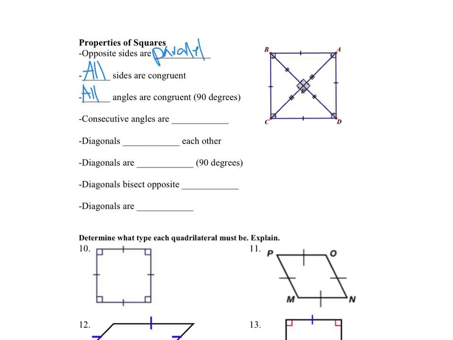Consecutive angles are supplementary then, because 90 plus 90 is 180. Diagonals bisect each other. Diagonals are perpendicular. Diagonals bisect opposite angles. And diagonals are congruent.